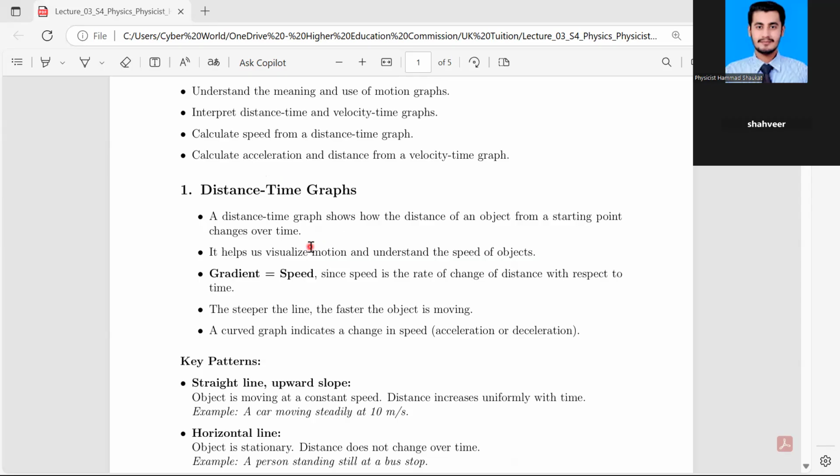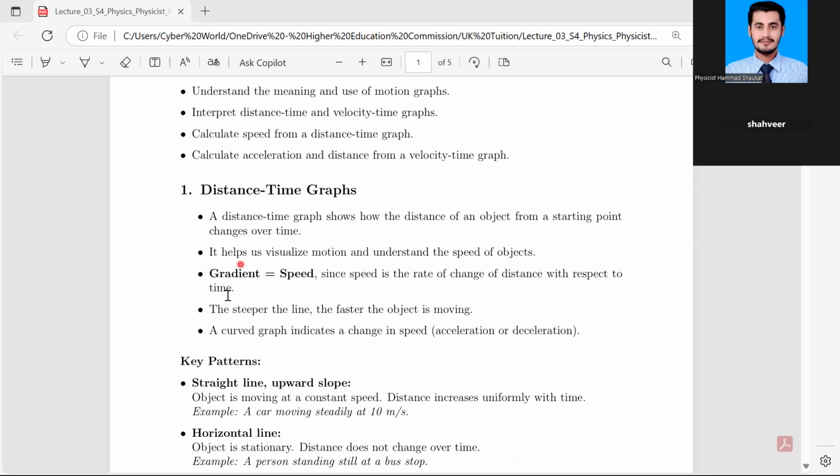The distance time graph helps you to visualize the motion. You can interpret the actual motion of the body: either your body is at rest, or it is in motion, moving with variable speed, or moving with constant speed. You can visualize these just by watching the graphs. By making the distance time graph, the gradient of the line gives us the value of speed.